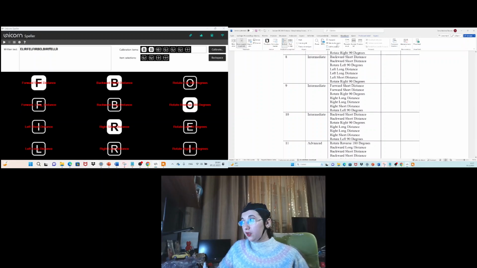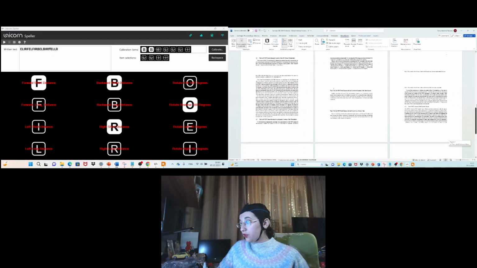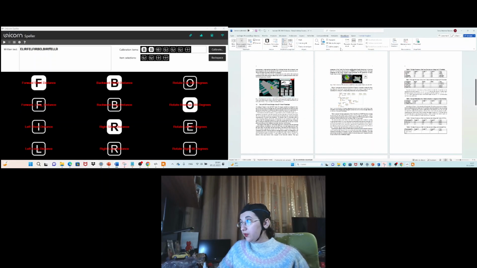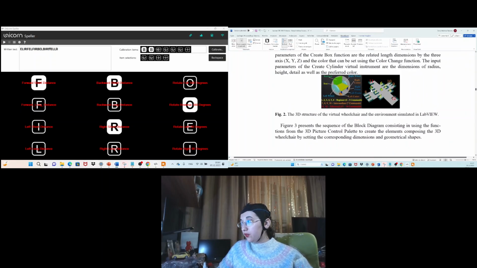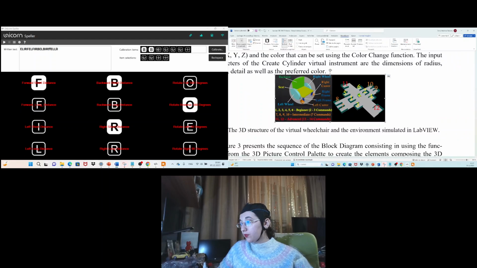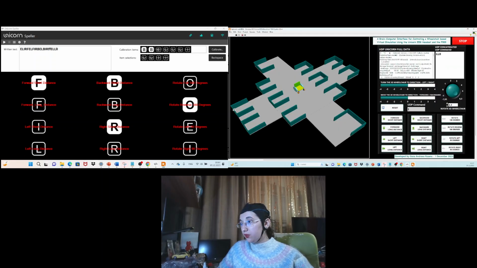Okay, and this is necessary to reach the location with the number 8. Here we can see this location is this one. This is the location that the wheelchair should be controlled to.